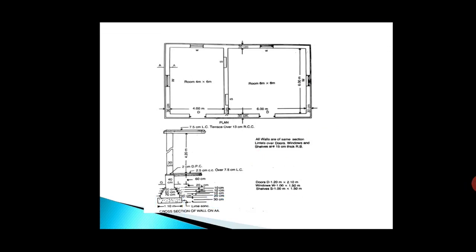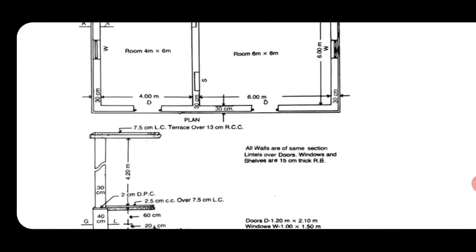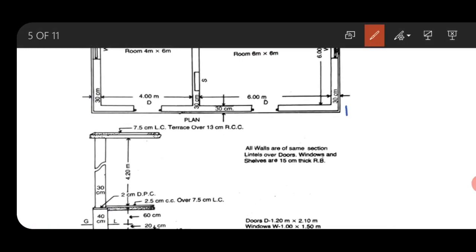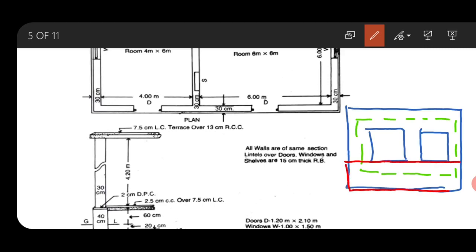So for the short wall again we have to draw the plan at the level of cement concrete work. This is the center line length of the building, which is the same for all the items of work, and here we have completed this part and also this part.